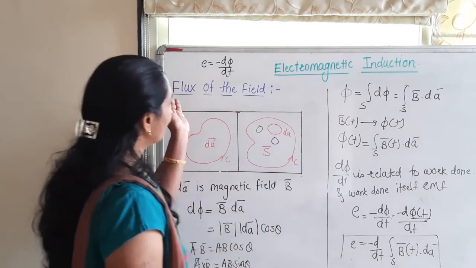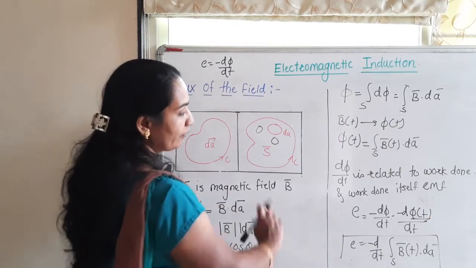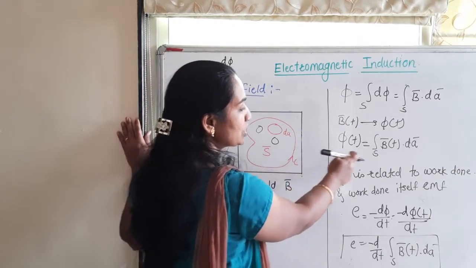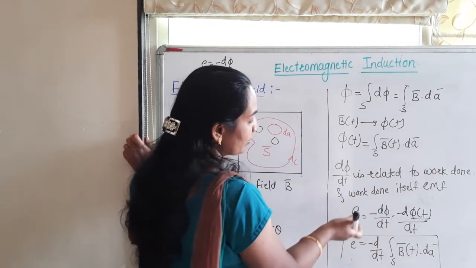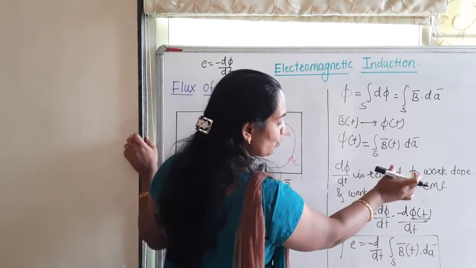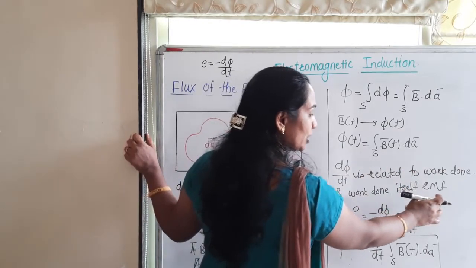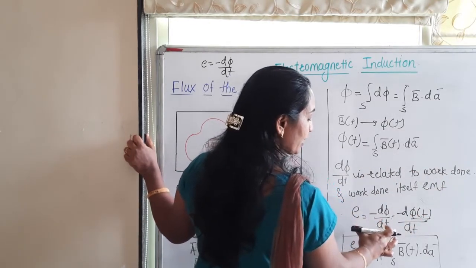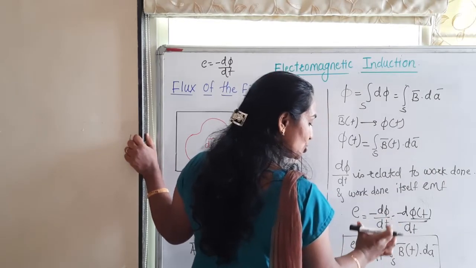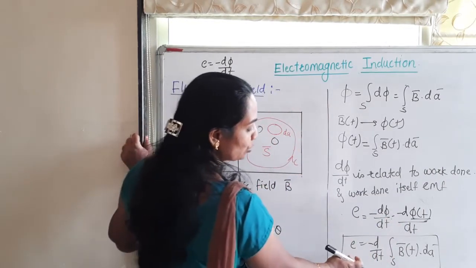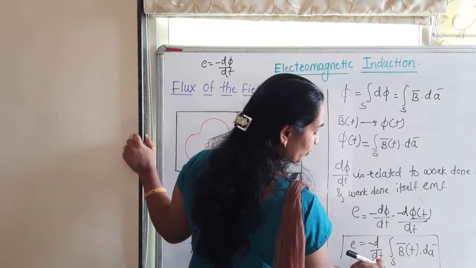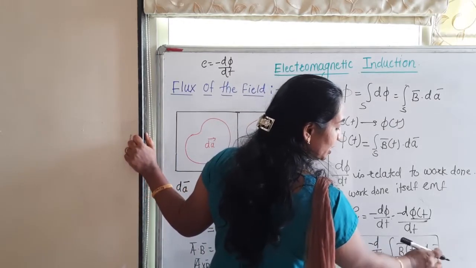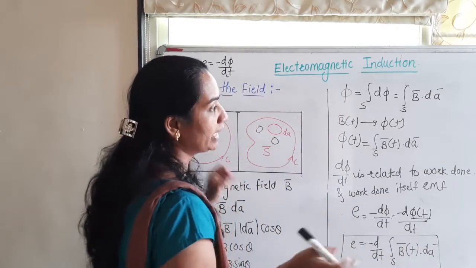Here we calculate the flux of the field. First calculate the flux: the flux value is B of t dot dA. Then the rate of change is related to work, and work is related to EMF. So E is equal to minus d phi upon dt, and we get the value of the induced EMF: E is equal to minus d by dt of B bar of t dot dA bar.